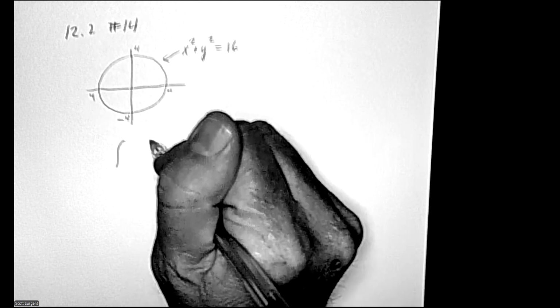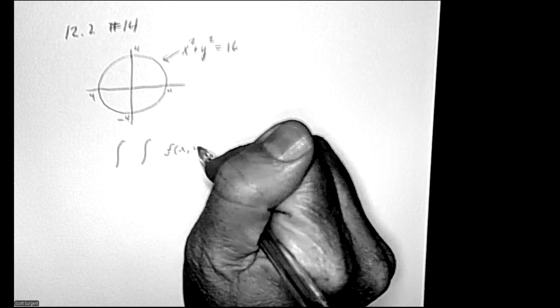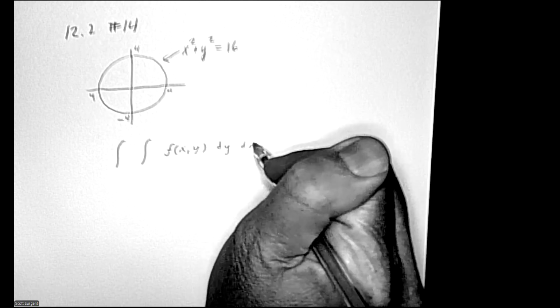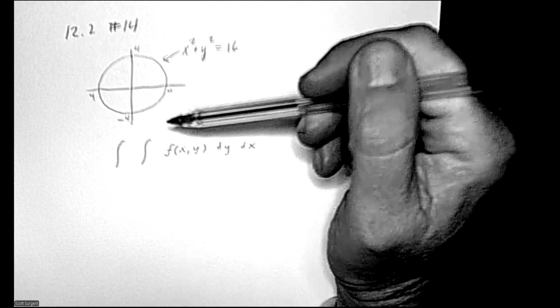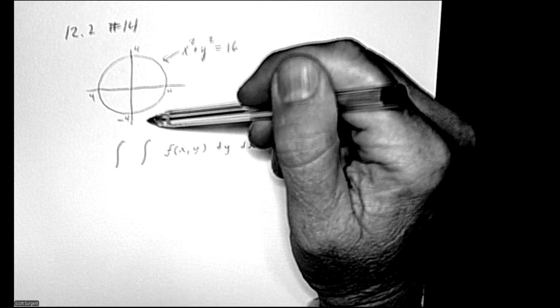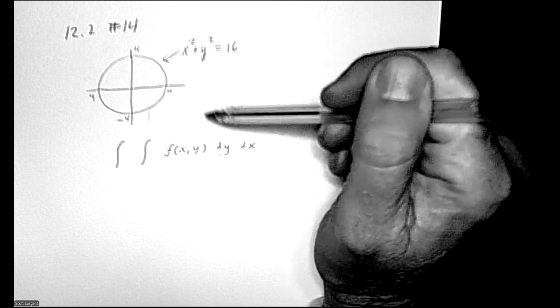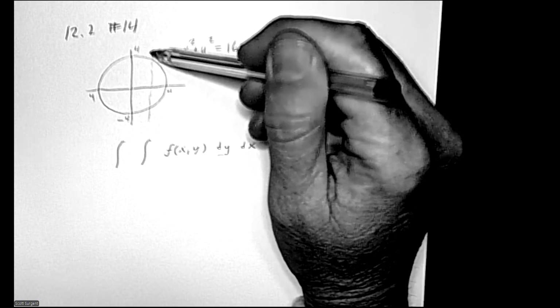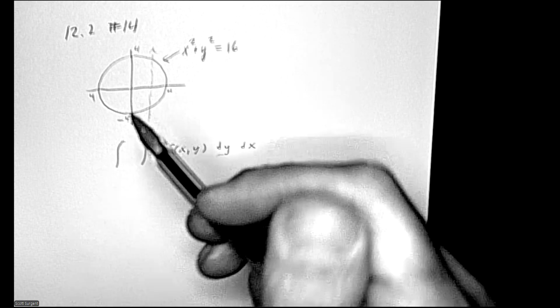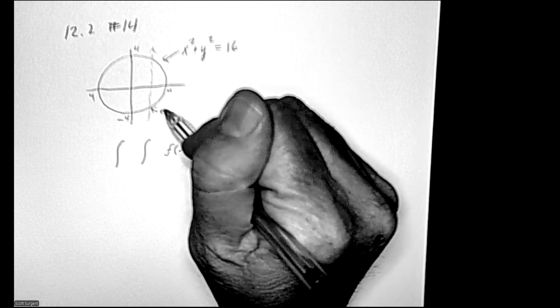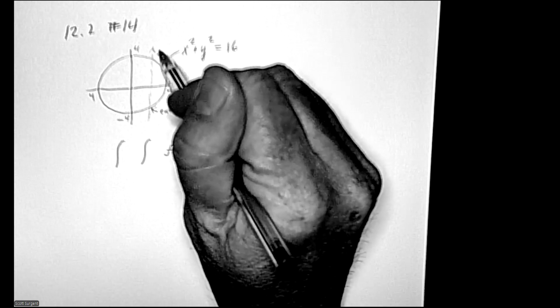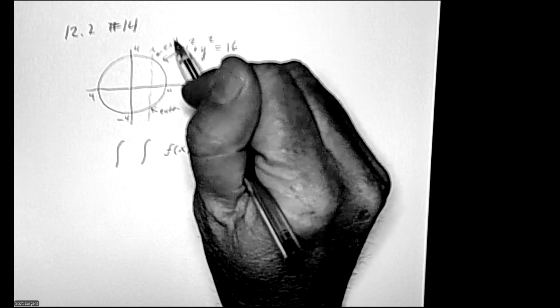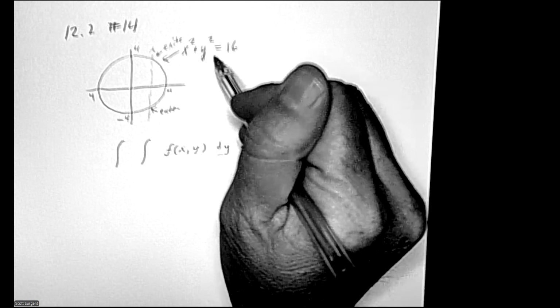If we want to do a dy dx integral, since we're working out dy first, just envision an arrow going in the positive y direction. And where does it enter and where does it exit? And those will be your bounds. So what you need to do is solve for y.